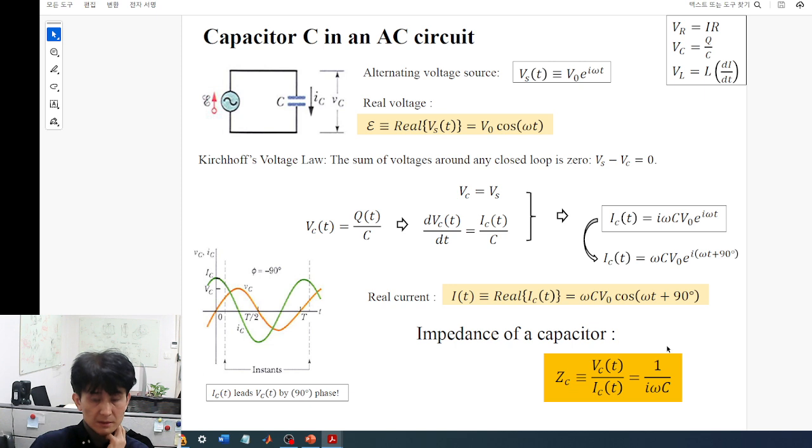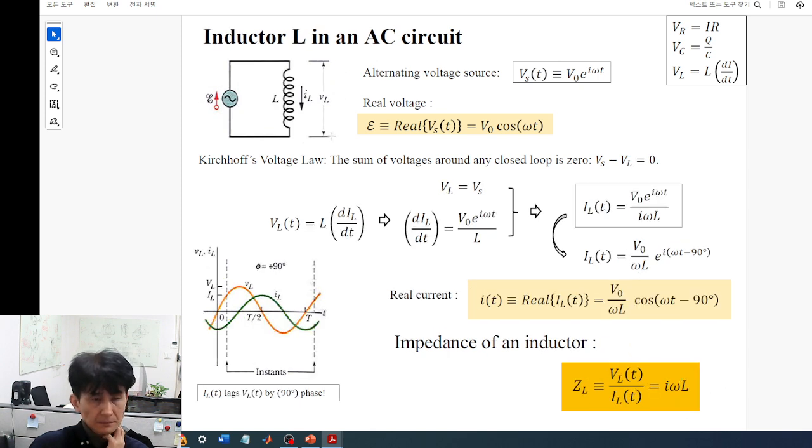So we just define or memorize Zc, which is like the resistance corresponding to a capacitor, becomes 1 over i omega C, which is a complex number.